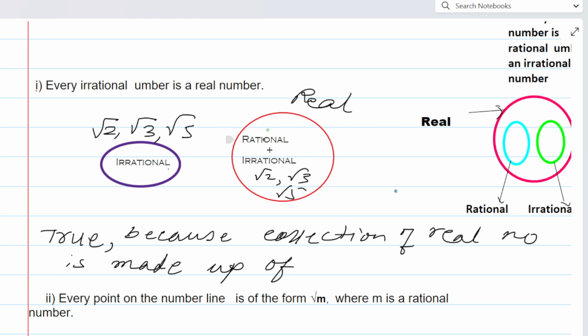See, real numbers are made up of rational and irrational.